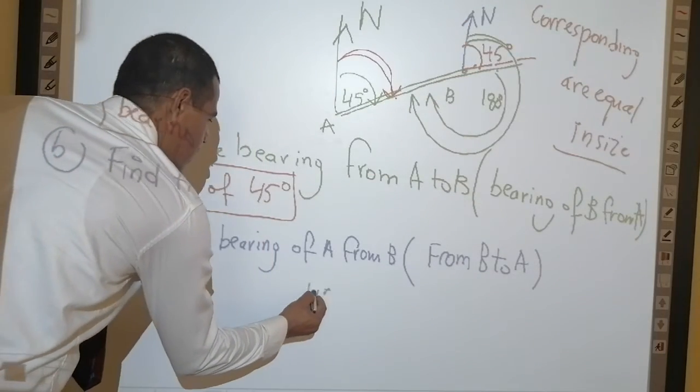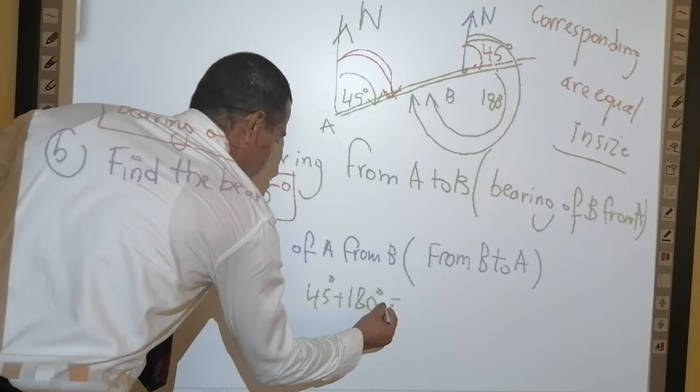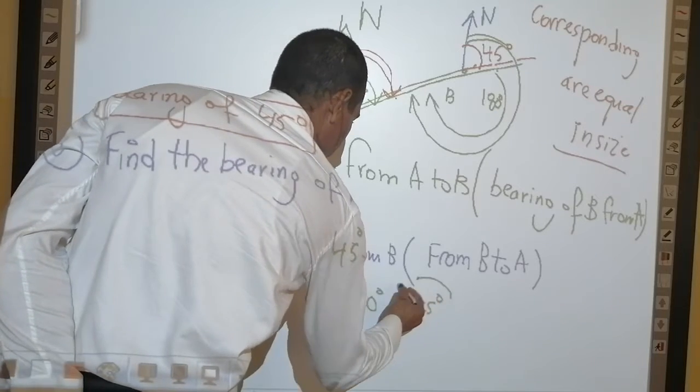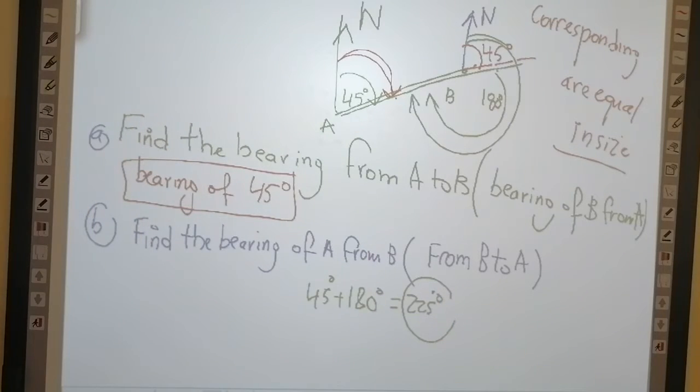Is 45 plus 180 degree should be equal to 225 degree. This is the bearing of A from B, or the bearing from B to A.